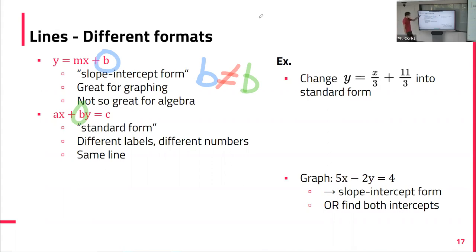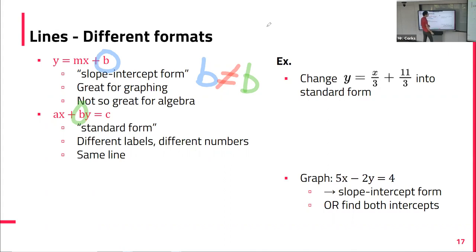But if we take something in slope-intercept form, change it into standard form, probably all the numbers will be different in most cases. But when we graph it, we still get the same line. So the algebra looks different, but we still have the same basic representation of a relationship. So let's try here with y equals 3x over 3 plus 11 over 3.